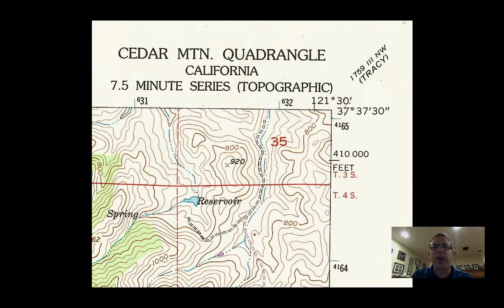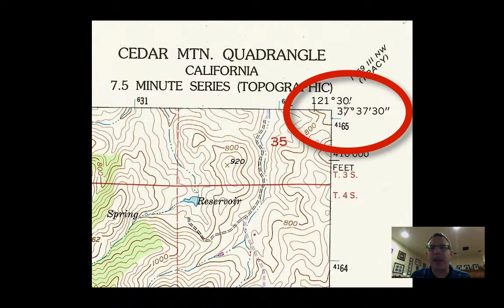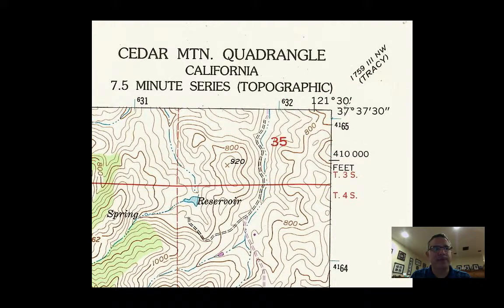We're going to talk a little bit more in class about latitude and longitude: besides just whole numbers, we can break those down further into minutes and then into seconds. And you can see also in this corner where I've highlighted, we have a latitude and a longitude number.